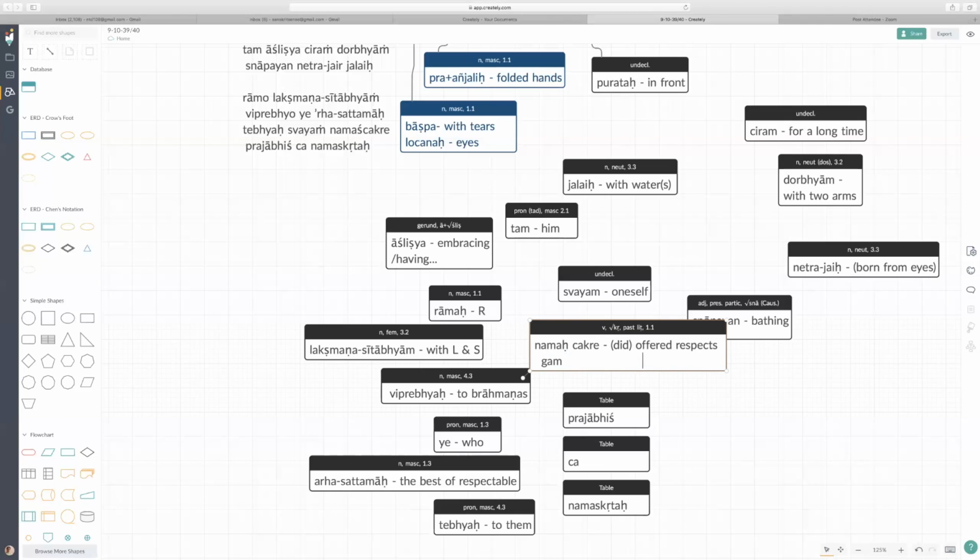We always know it as gum, but it's listed as gamu in dhatu patha, and that u is another indicatory letter that can tell you in certain situations how the verb will behave. Anyway, these are depths of grammar. Anyway, did respects, which means offered respects.